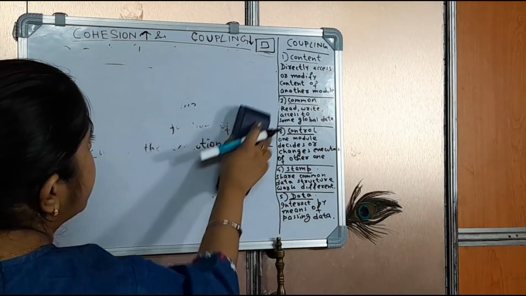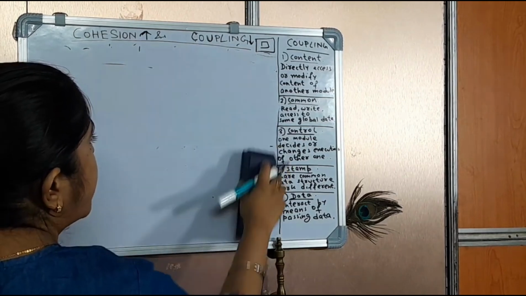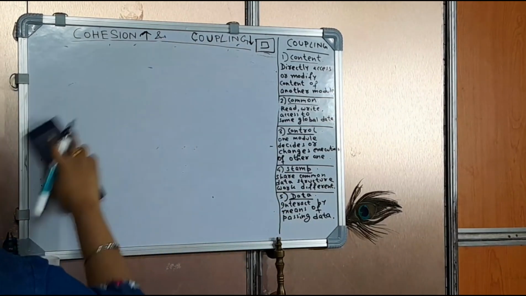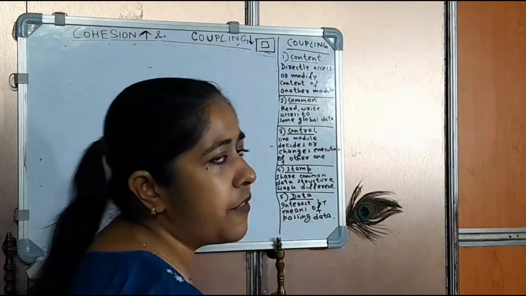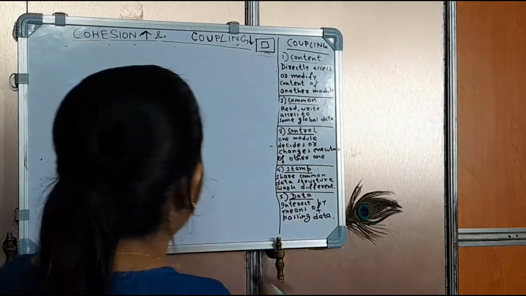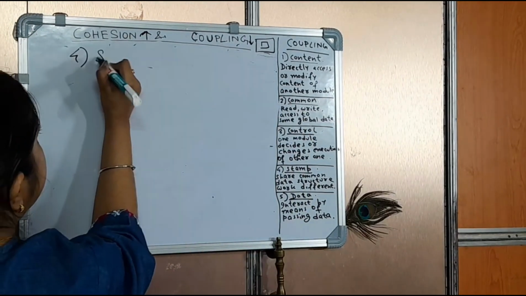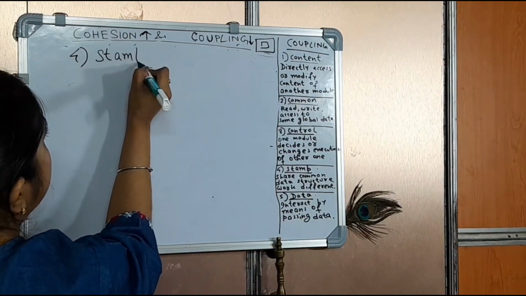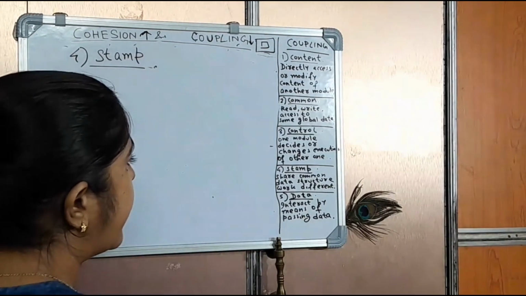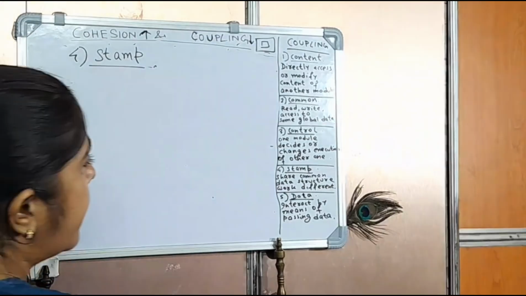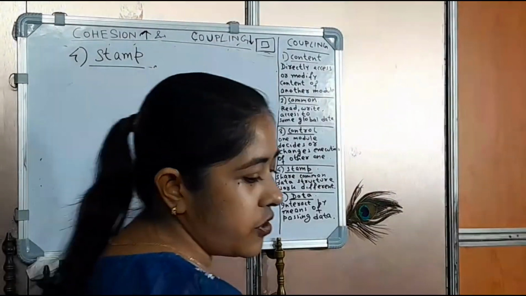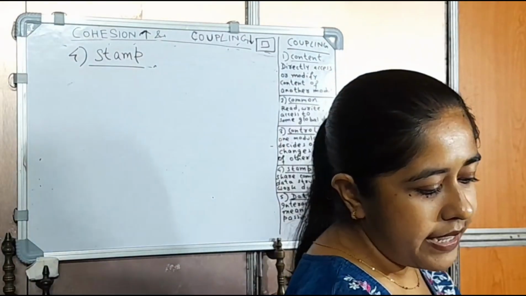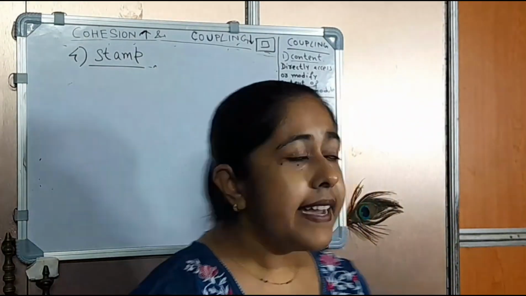Mainly in coupling, you can easily see that the name of the coupling suggests its function in the first three. Now the fourth coupling is stamp coupling. Here, modules share a common data structure but work on different things.